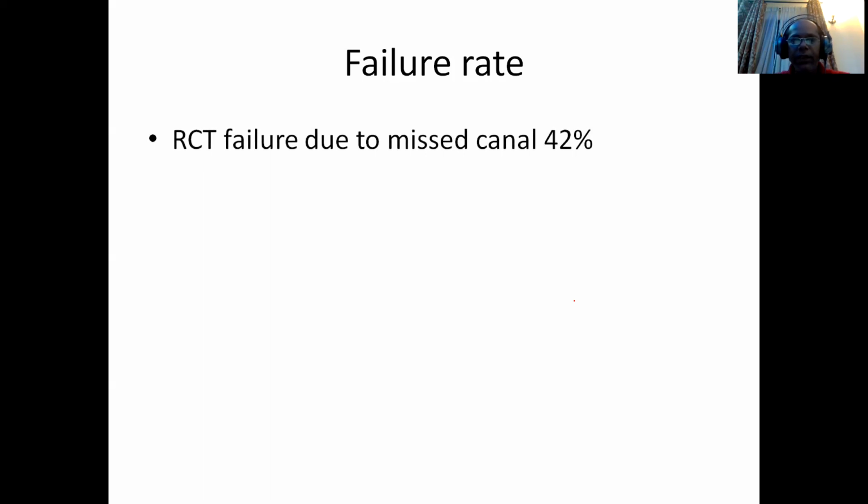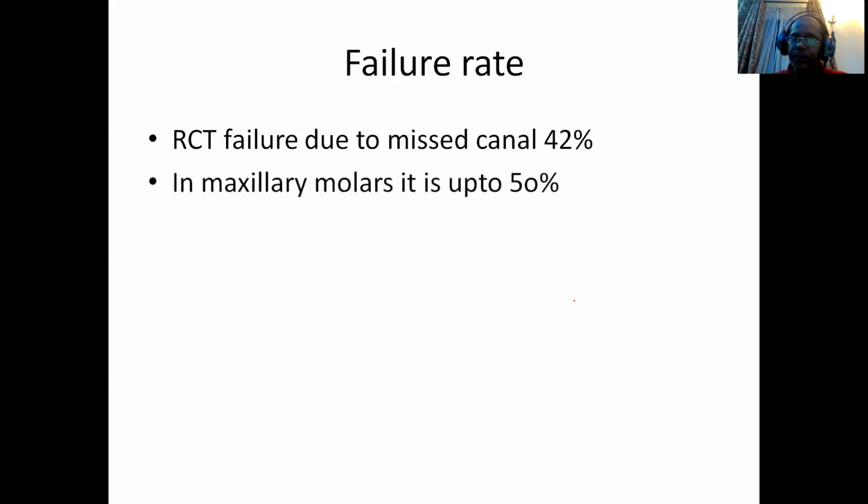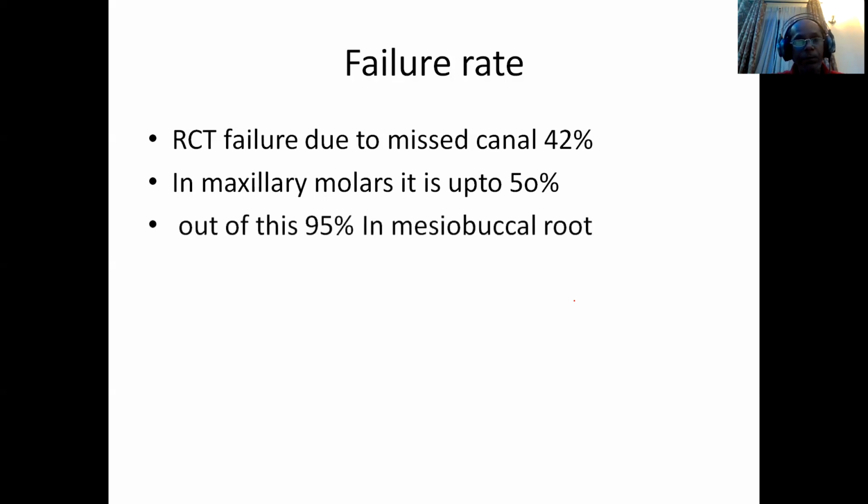Now, in the literature, failure of root canal due to missed canals is the second highest cause of root canal failure, at 42%. But in a maxillary molar this percentage goes up to 50%. So if a root canal fails in a maxillary molar, 50% is due to missed canals, and out of this, 95% are in the mesobuccal root.